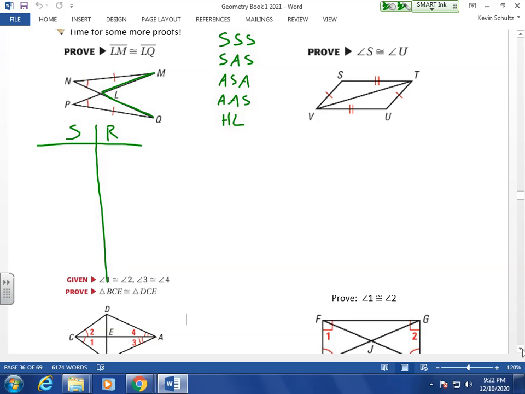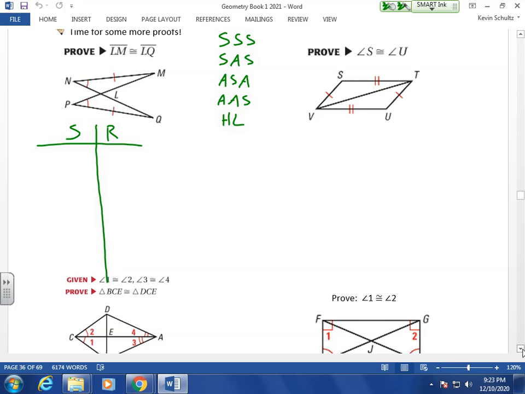It doesn't explicitly say that we're proving triangles are congruent. However, notice that LM and LQ are corresponding parts of the 2 triangles that we do have here. So we are still going to be proving these 2 triangles congruent, because we can then use their corresponding parts to get the specific part of the triangle that we want.